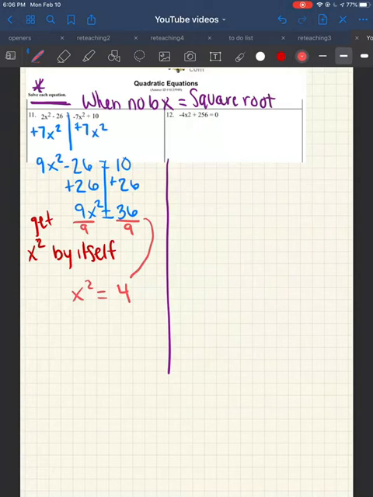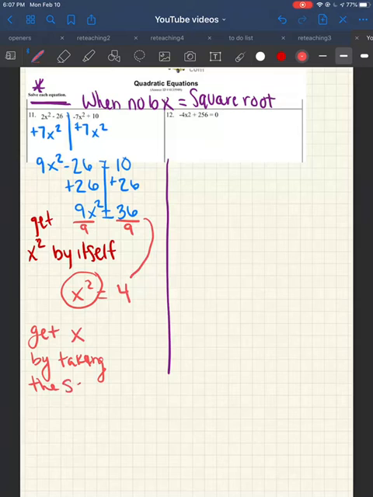Okay? After that, I want to get x. So I'll get x by taking the square root of both sides.